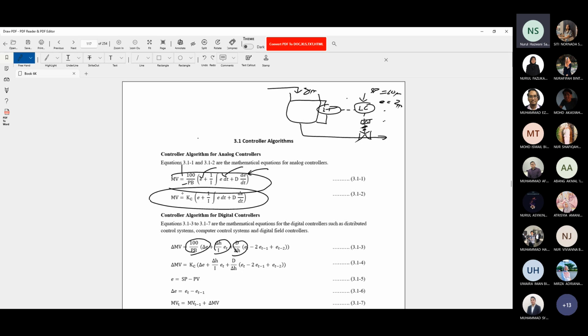Let's say you come up with this: the relation of MV toward PB, which is 100 over PB; MV towards integral, which is 1 over I; MV toward derivative. Basically we want to study the relationship of MV toward each of the controller terms based on this equation.